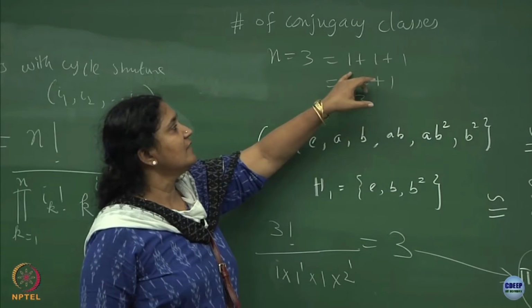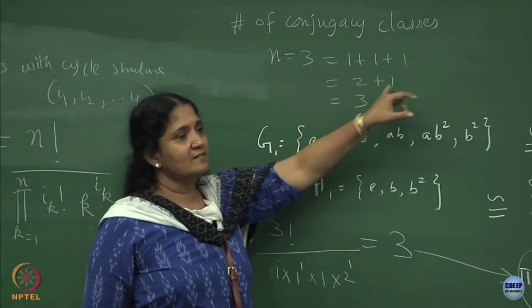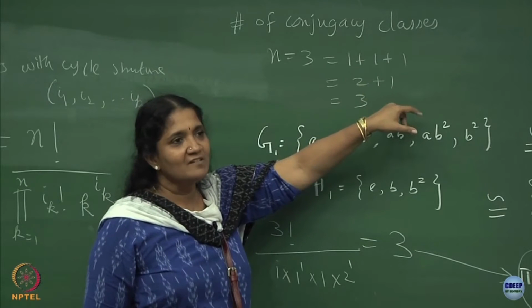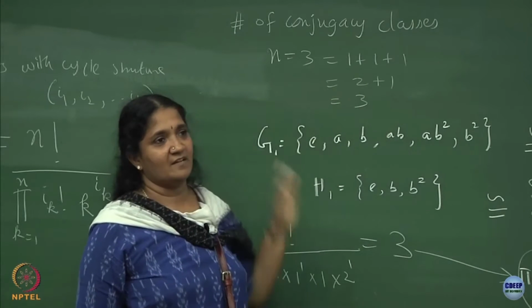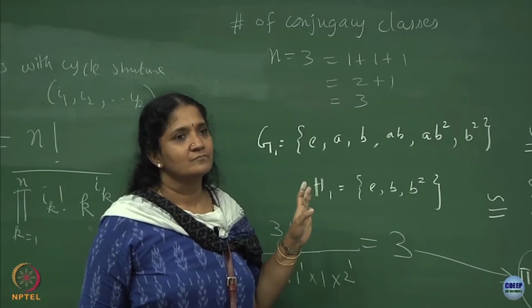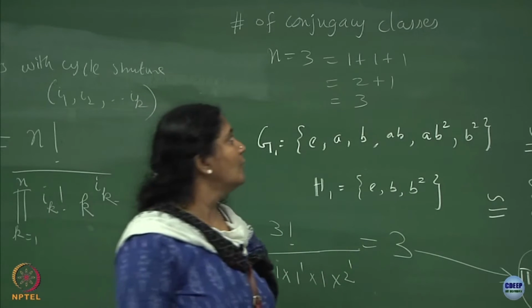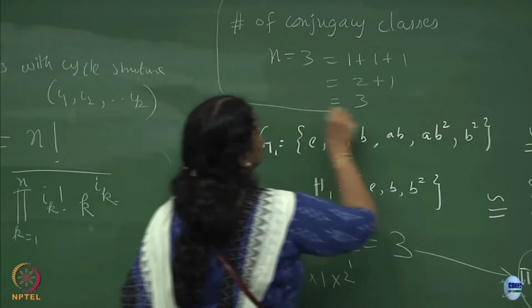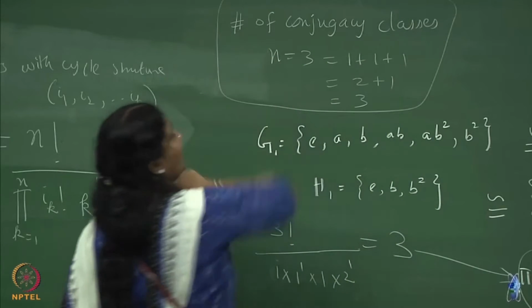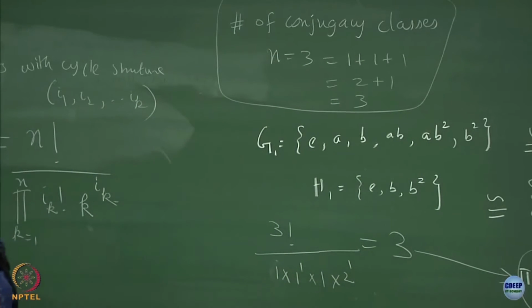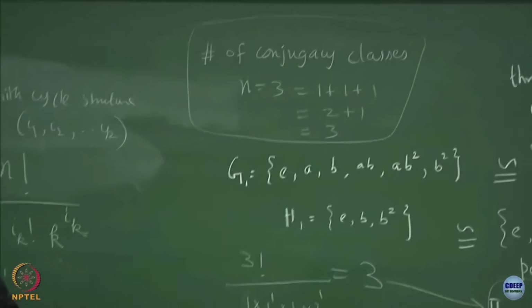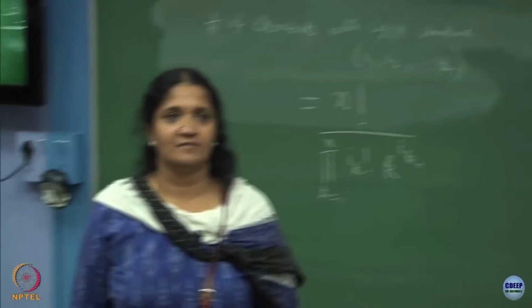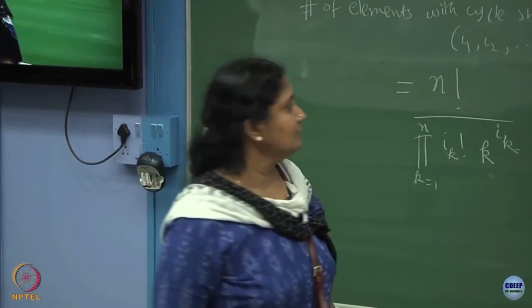It is the number of 1 cycles. This is 1 2 cycle and 1 1 cycle. This is 1 3 cycle, right. So, this number, the number of ways you can partition an integer n, will tell you the number of conjugacy classes. Okay.